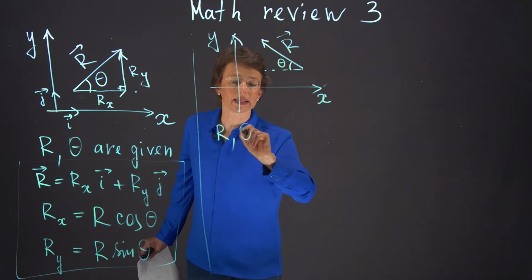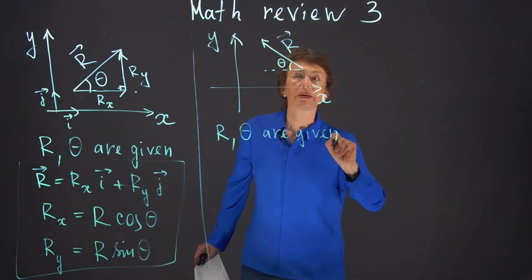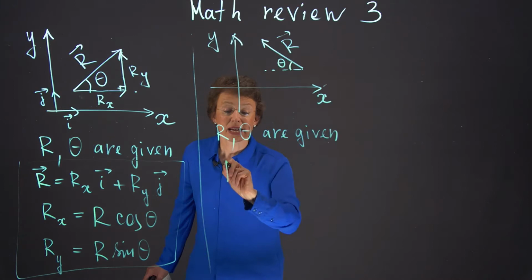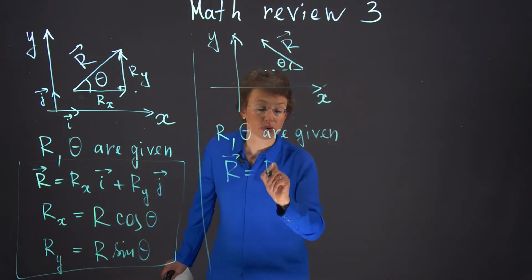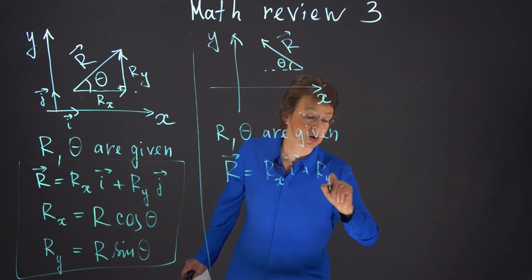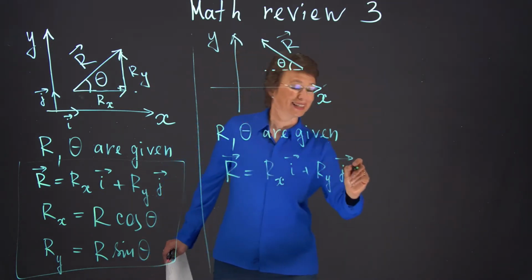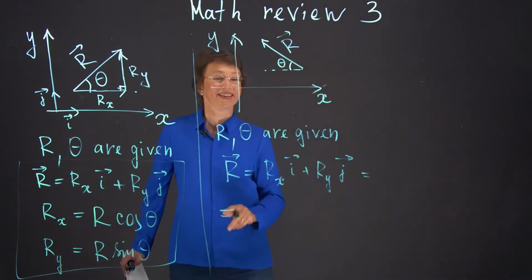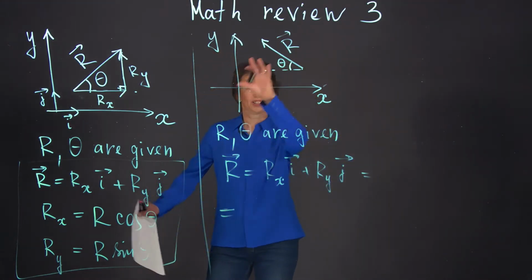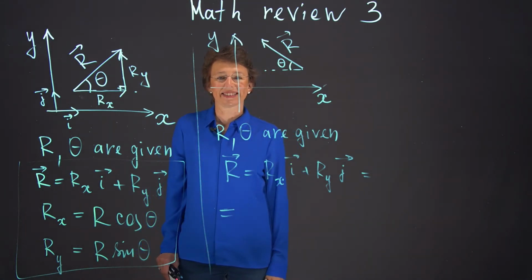So R and theta are given. Please write vector R in terms of components. Any vector could be written as Rx i plus Ry j. The question is, what is R sub X and what is R sub Y? So please pause the video, solve the problem, and we will compare our notes in a minute.